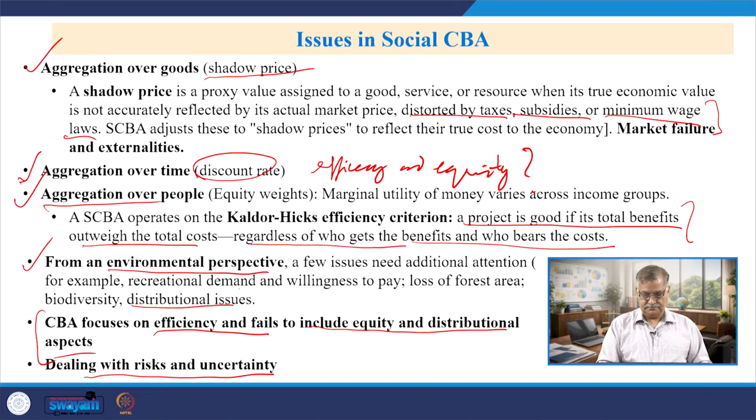So, dealing with risk and uncertainty is also an important issue, because what happens in future is very difficult to predict, and sometimes policy changes and regulation changes also affect the project outcomes. I can give a simple example, although it is not directly related to an infrastructure project, but look at the banning of diesel operated cars after 10 years.